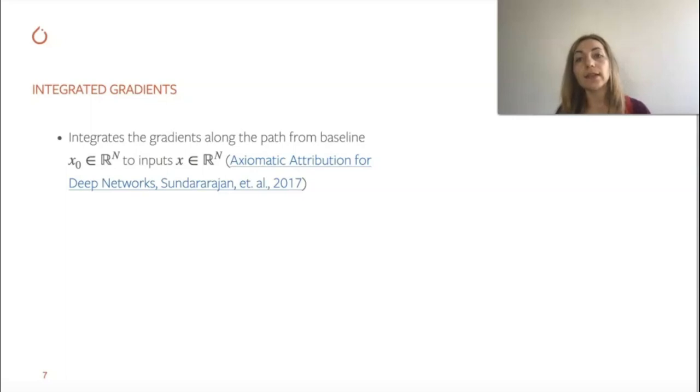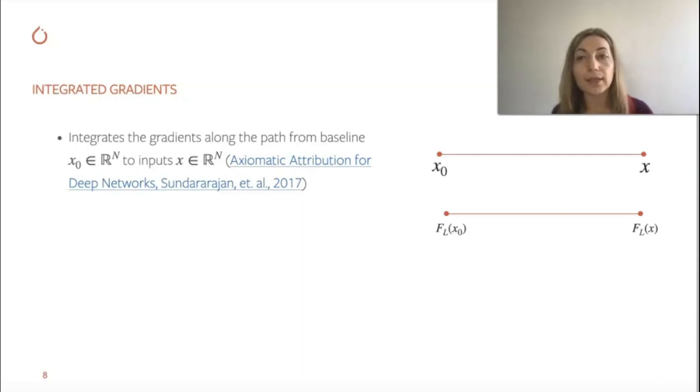Integrated gradients is another technique that can be used to compute neuron attribution or neuron importance, built on top of gradients, that integrates the gradients along a straight line from baseline x0 to input x. Baseline x0 oftentimes represents an uninformative input, which is compared and contrasted with the original input x in order to draw conclusions about the features that stand out or are more important in the original input x.